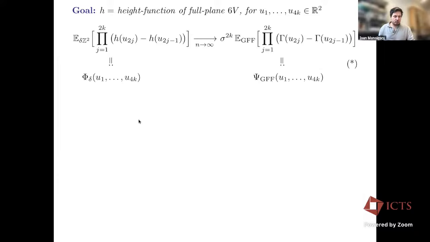I'm taking here 2k even because if you take something odd, just by symmetry, you get 0. So only the even moments are interesting. And what you expect, or think you would have if you have a GFF convergence, is that these moments converge to their corresponding moments for GFF.